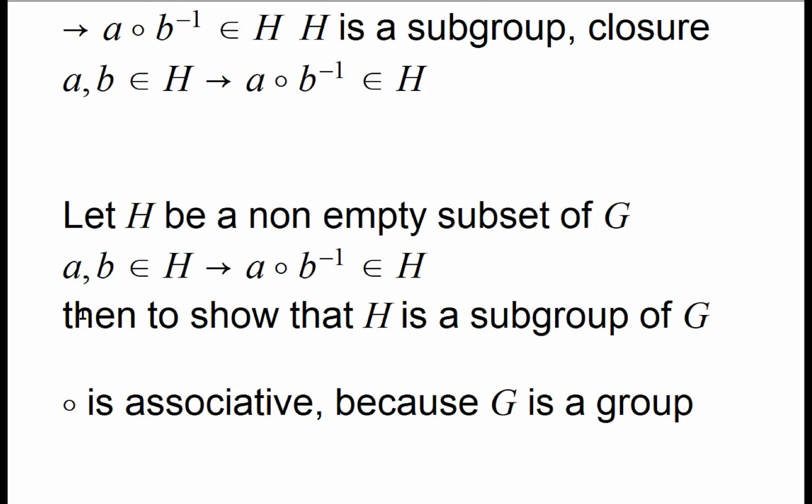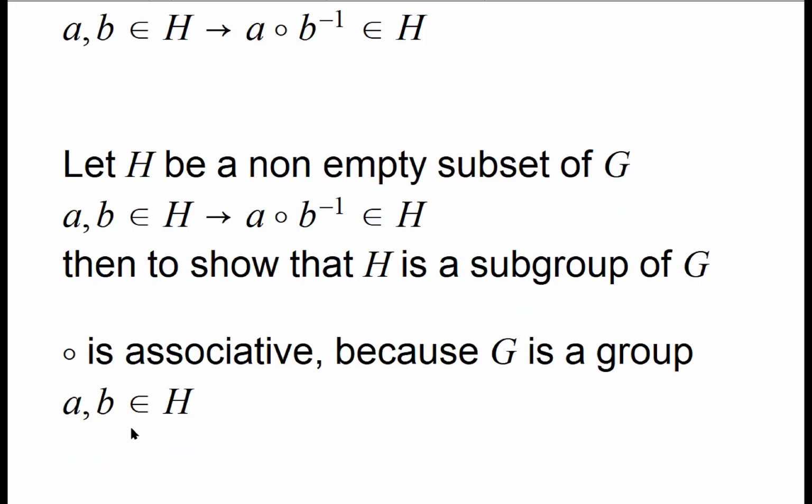We have to show that if A, B are in there, then A times B has to be in there as well. So remember this, AB is in there, so that implies that A B inverse is in there as well.